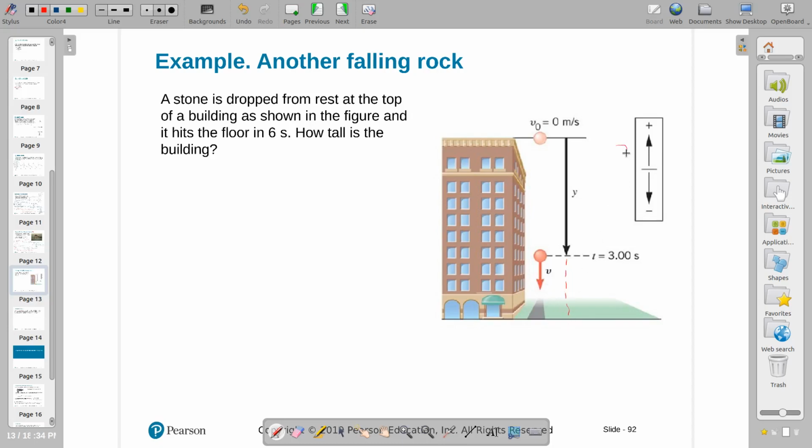So it seems the total time passed, delta t here, is 6 seconds, and it hits the floor. That will be our Vy final. I'm going to stick with Vy's here. That's what we've done. V initial sometimes is called V0, so that's a similar thing, initial. So I will call this Vy initial. So we just dropped this ball. How tall is the building?